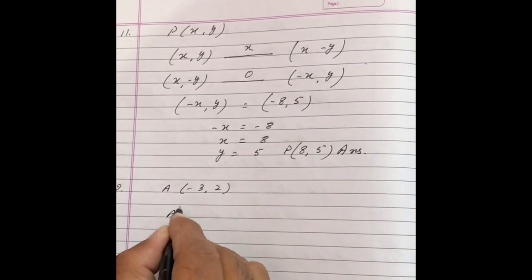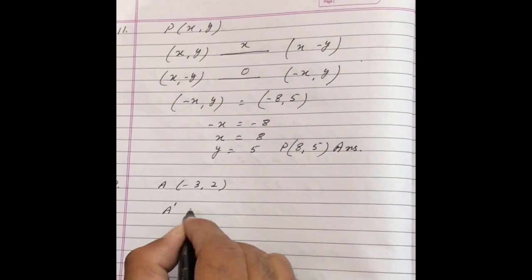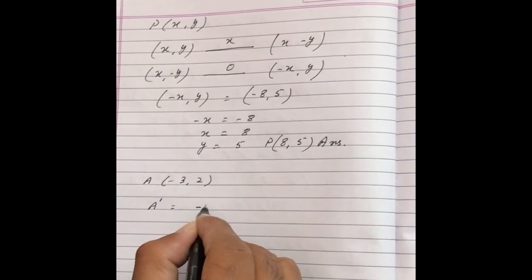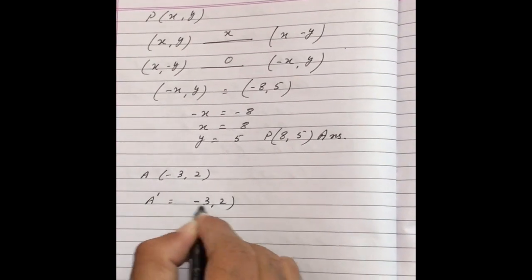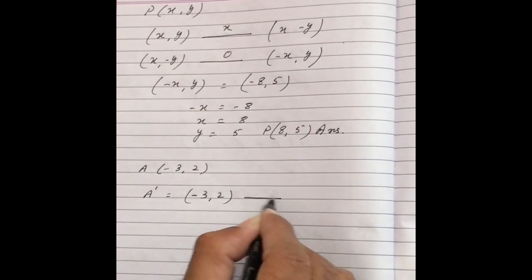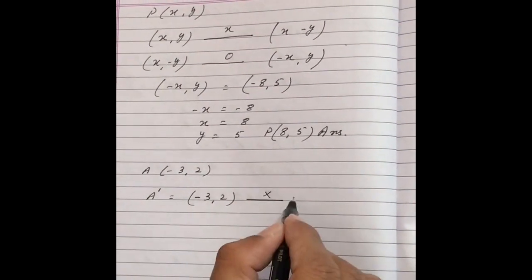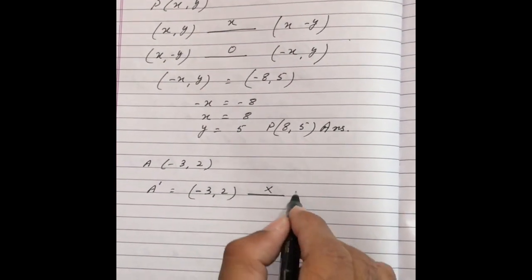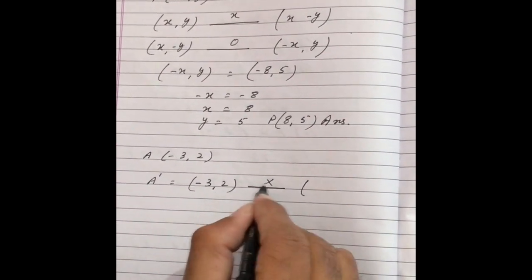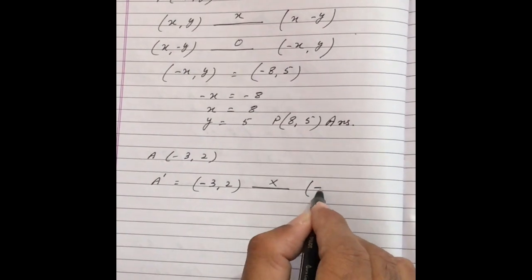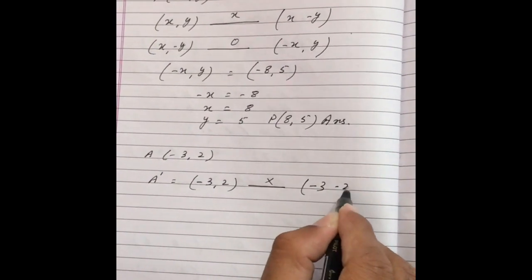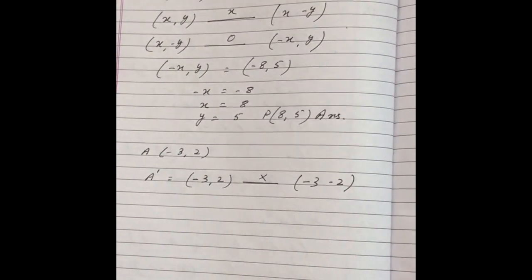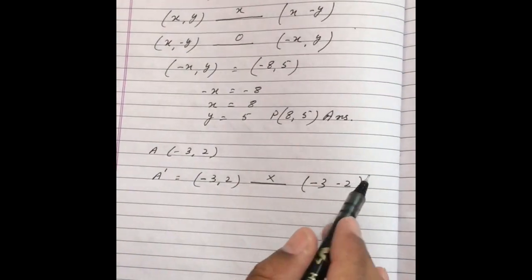So A dash is minus 3, 2 reflected in the x-axis. When I reflect it in x-axis, sign of second coordinate will change. It will become minus 2.